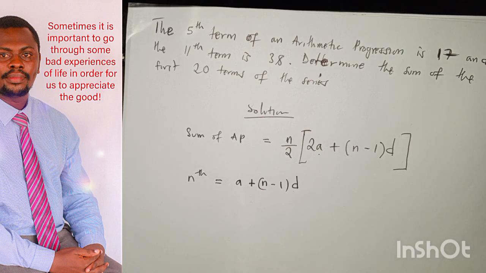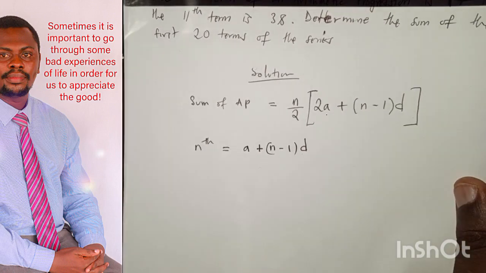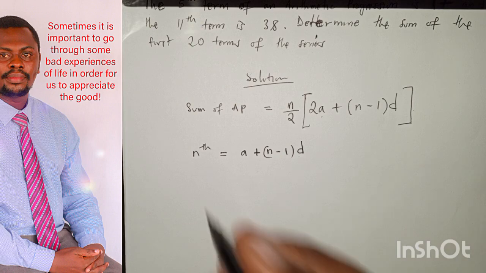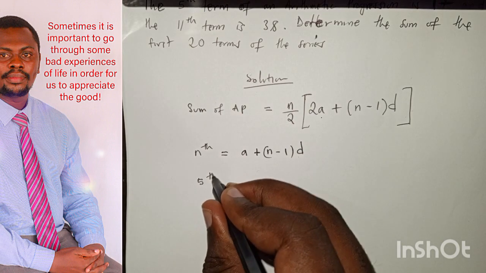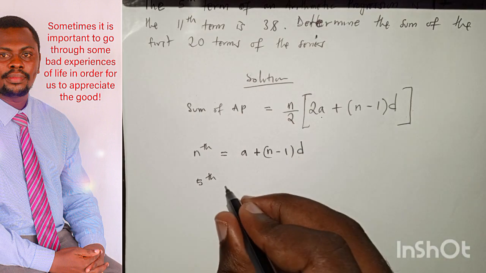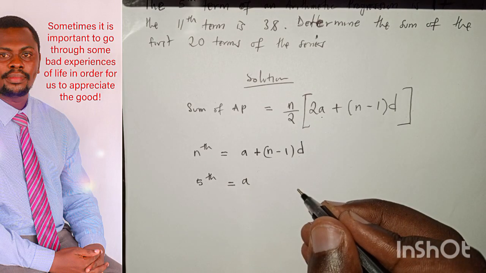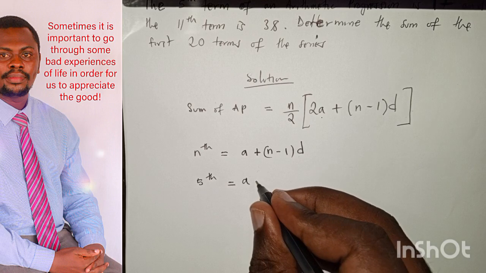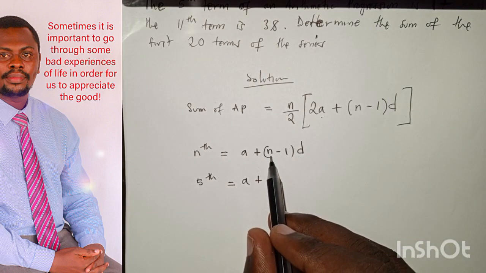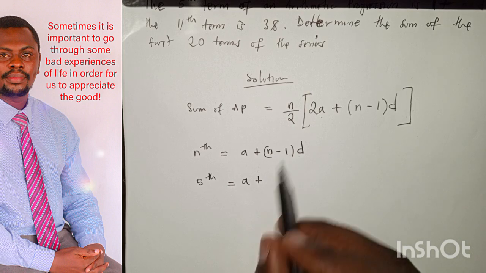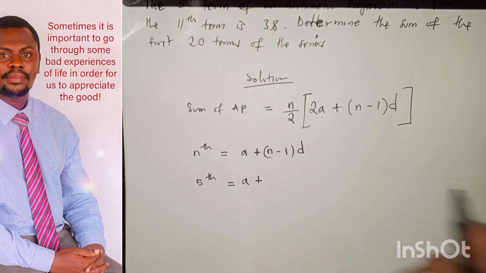Okay, so from the information which is given, we have the fifth term, meaning where there is n, we are going to put a 5. So the fifth term is equal to a plus, n will be 5, so it's 5 minus 1. 5 minus 1 is what? 4 times d.